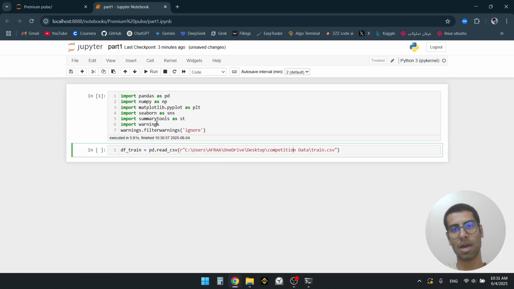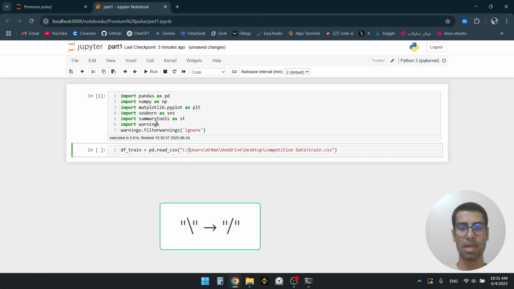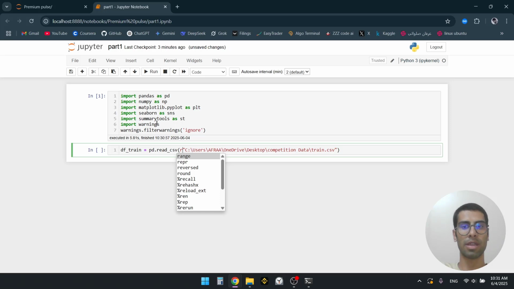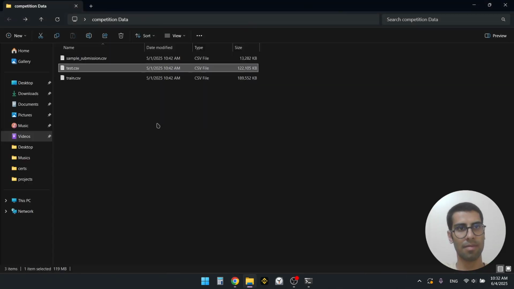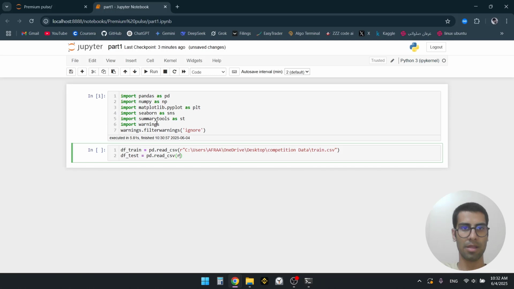Note that if you don't want to use r, you should change all of the backslashes to forward slashes, which could be really time consuming. So just add an r before the double quotation of your CSV file directory, and then hit enter. It will automatically check your directory and import your CSV file. I'm going to do the same for test: it's going to be equal to pd.read_csv with r, and I copy my CSV file directory, and that's it.